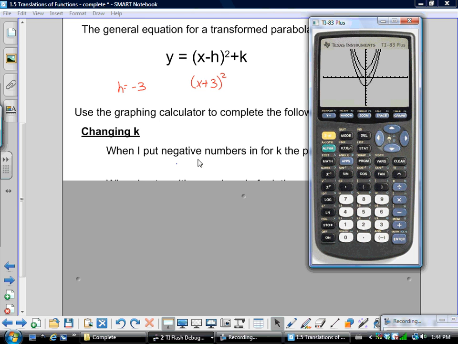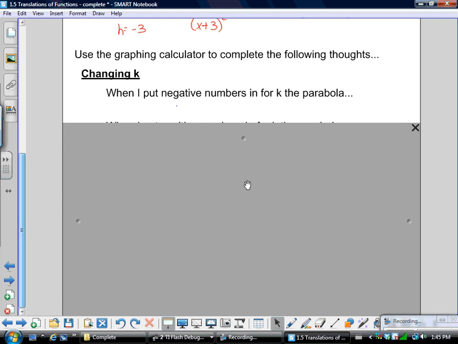So what happens if I put 0 in for our parabola? This time I'm going to clear these other ones so we can see. So here's our x squared that we started with. If I put a 0 in, x squared plus 0, notice nothing happens. So it keeps it in place. Let's just add that now to our note.